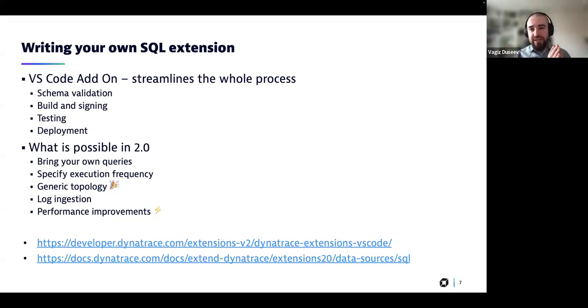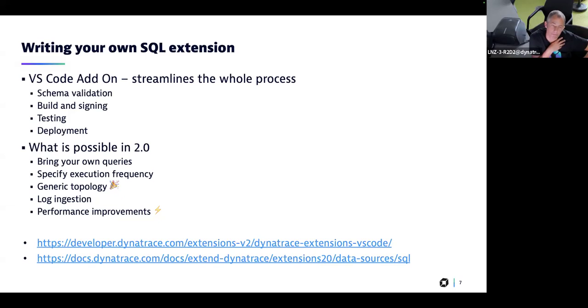What is possible specifically in the SQL 2.0 data source? There are some certain things you can do which you couldn't do before. Of course, you can write your own queries similar to custom DB query. You can specify execution frequency, how often every query should be executed. But on top of that, you get generic topology. So now you can build your own generic topology entities and relationships between them based on the metrics and logs that you ingest with this extension.